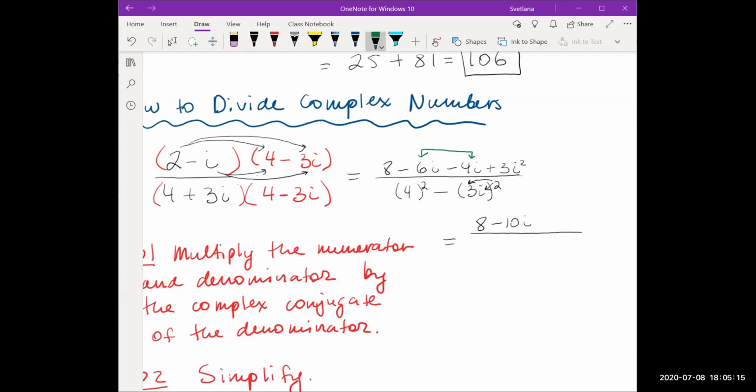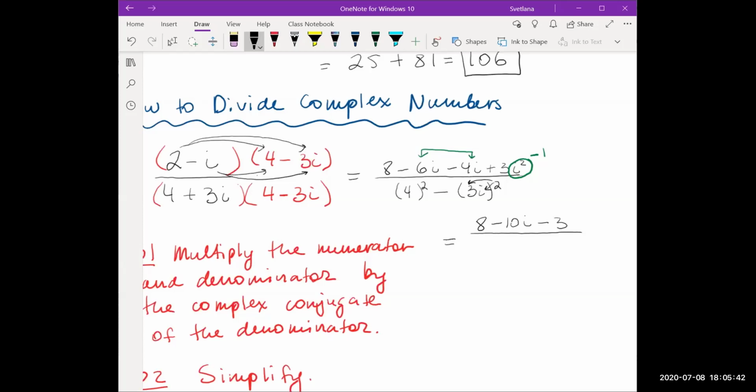And then i squared, I need to remember to replace with negative 1. So when I multiply positive 3 by negative 1, I'll get negative 3, right? So that negative 1 will always switch the sign. So it's minus 3. I'll come back to this because now I see that I can combine 8 and 3. I'll come back to that.